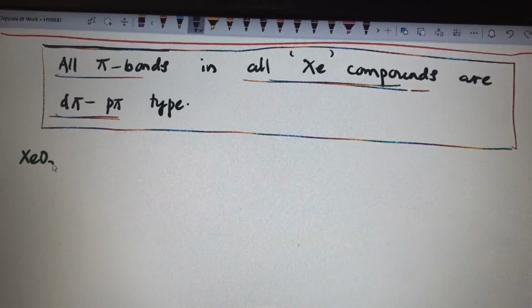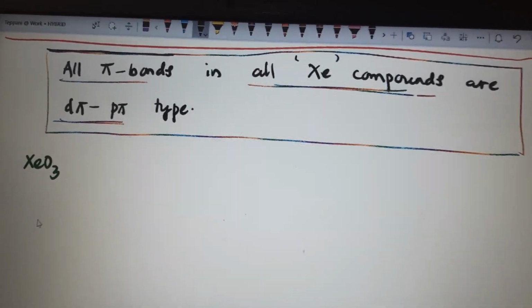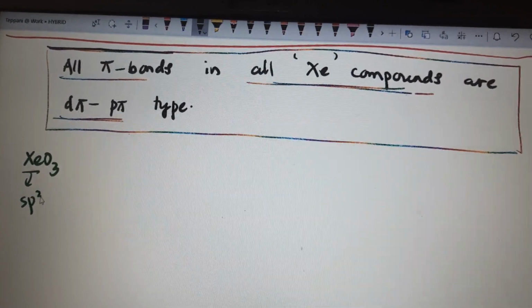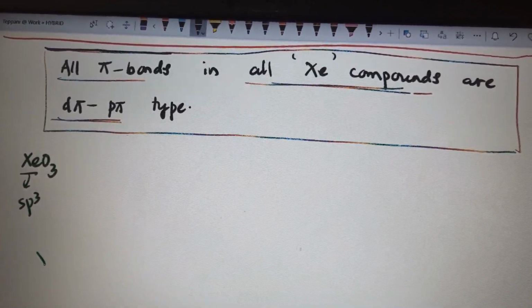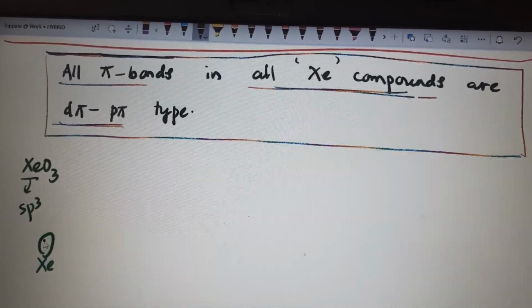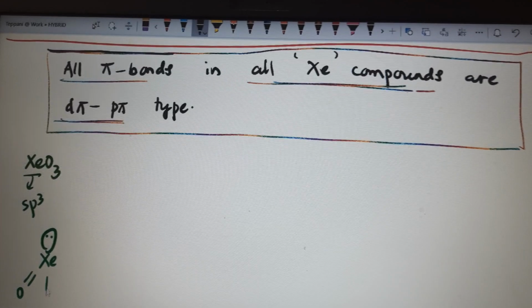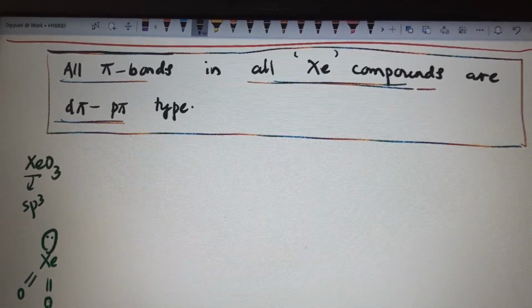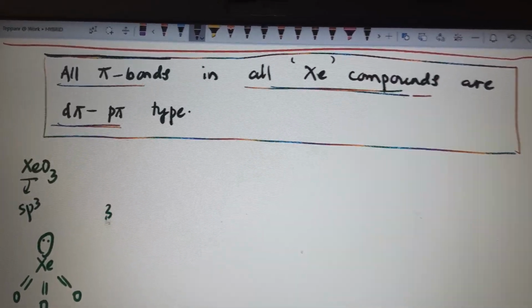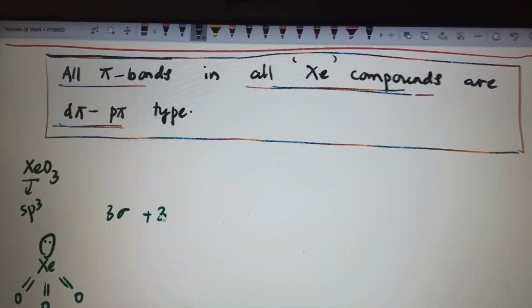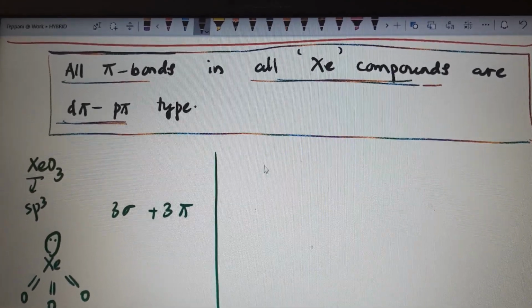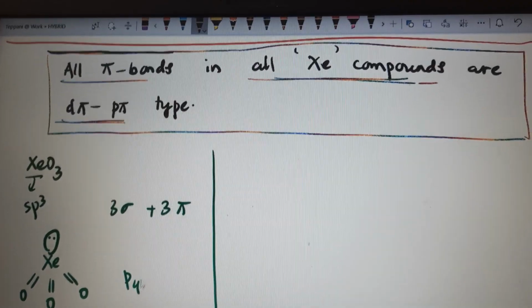XeO3: sp3 hybridization with one lone pair. Three sigma and 3 pi. All the 3 pi bonds are dπ-pπ. This is a pyramidal structure.